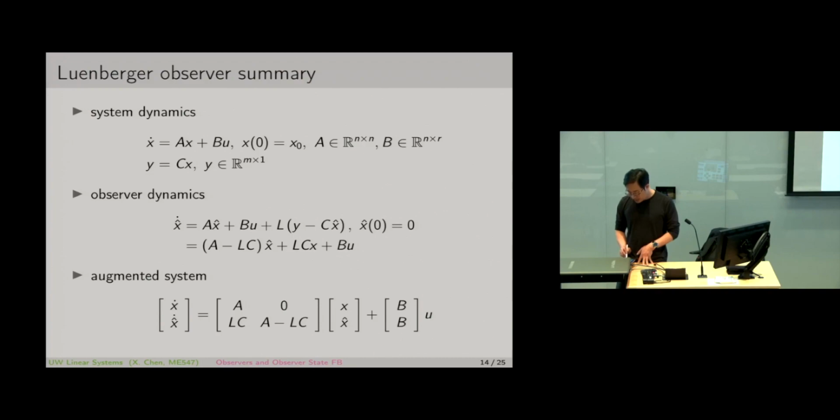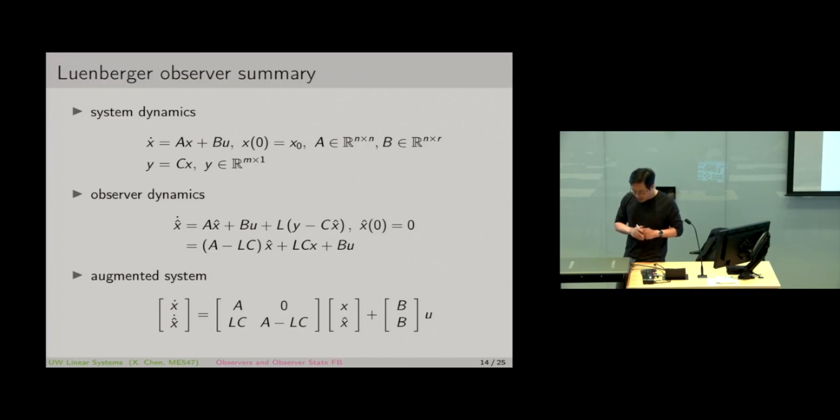So the new state vector is going to be X and X hat. And then we just stack them together, both on the left and on the right. We have X dot equals A times X plus 0 times X hat plus B times U. And X hat dot equals A minus LC times X hat plus LC times X over here, plus BU.